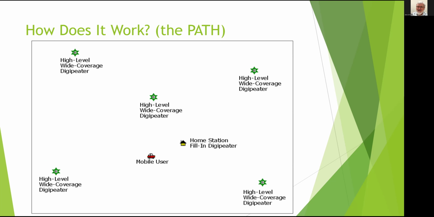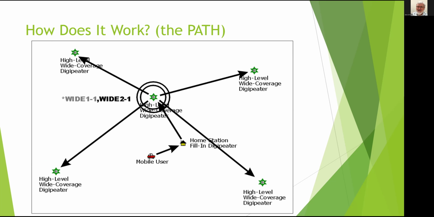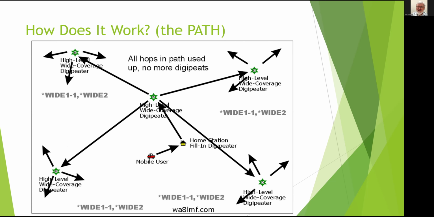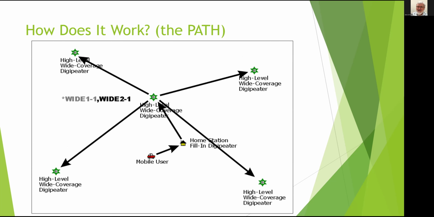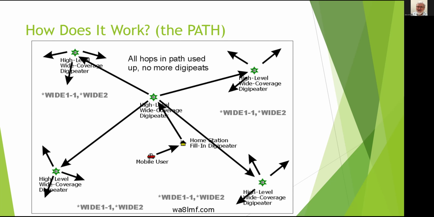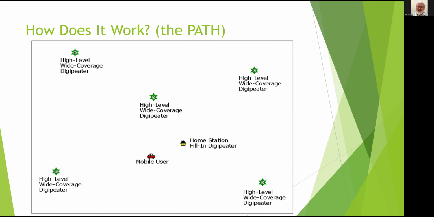All right, so here's an animation that shows how this works, right? So I start out, I'm a mobile user. I start out with wide 1-1, wide 2-1, I think he was using, right? What did he say he was using? Oh, he's using wide 1-1, wide 2-2. So my home station, acting as a fill-in digipeater, eats the first wide 1-1. And then he resends it to a high-level wide coverage digipeater who receives the wide 2-2 path.